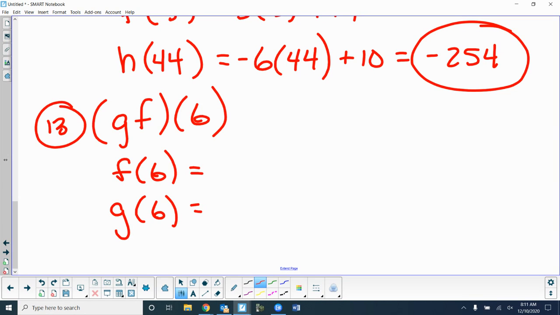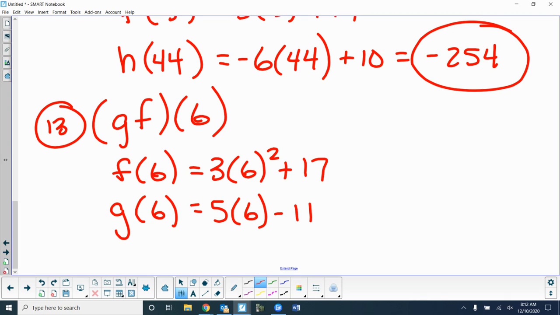F would be, I got it backwards, but it doesn't matter, I guess. F would be 3 times 6 squared plus 17. And G would be 5 times 6 minus 11.